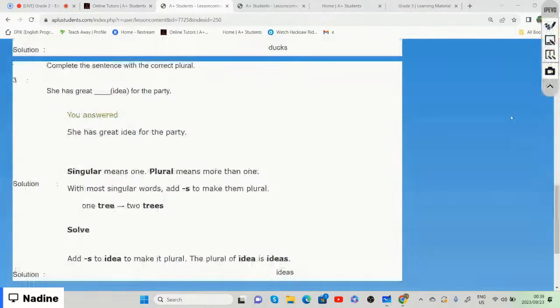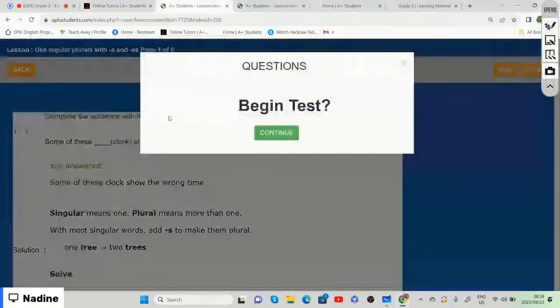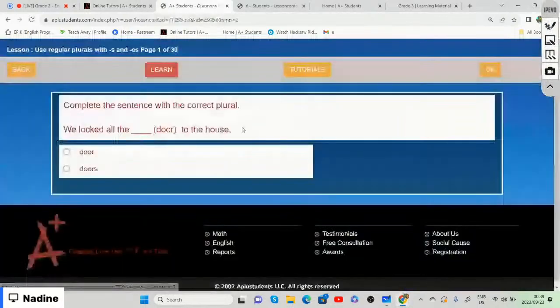All right, let's go to our test, to see if we are able to use regular plurals with S. We did not focus on ES yet. We need to complete the sentence with the correct plural. We locked all the door to the house. Is it door or all the doors to the house? Is it option one or option two?